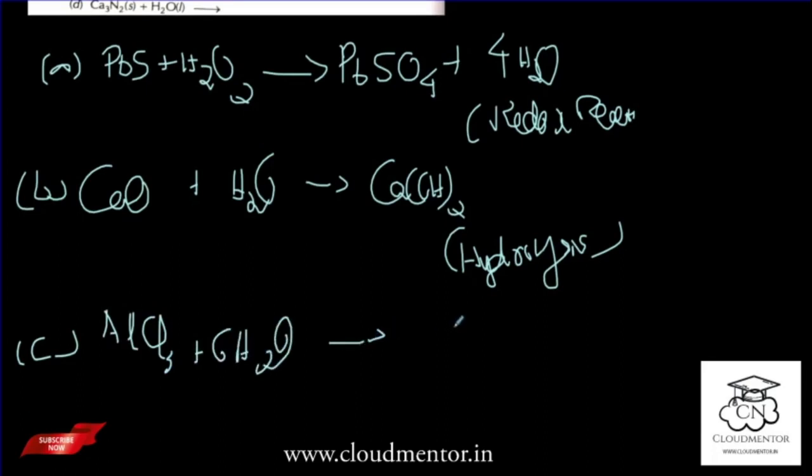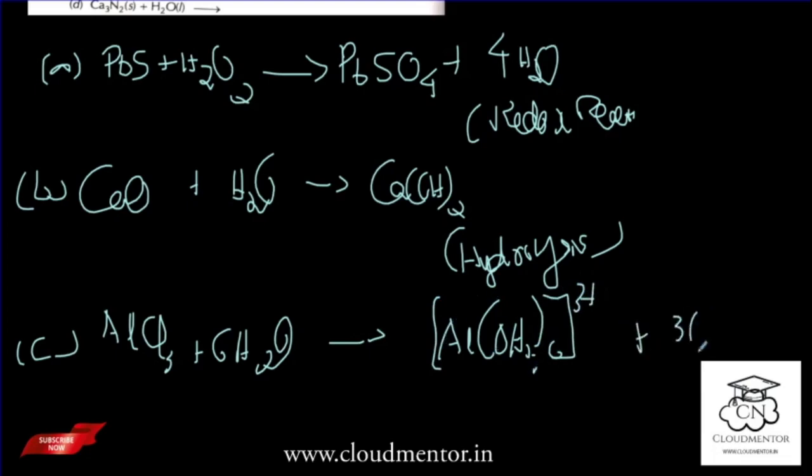That will be giving [Al(OH)(OH)2(OH2)6] having a charge of 3+, plus 3Cl minus.